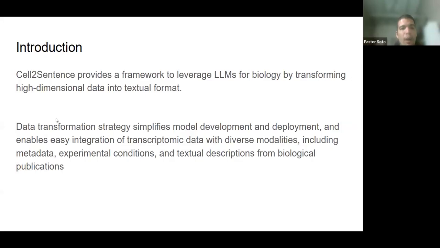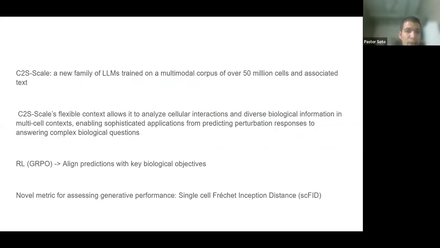One of the accomplishments is cell-to-sentence, which provides a framework to leverage large language models for biology by transforming high-dimensional data into textual format. It is a data transformation strategy that simplifies model development and deployment and enables easy integration of transcriptomic data with diverse modalities, including metadata, experimental conditions, and textual descriptions from biological publications.